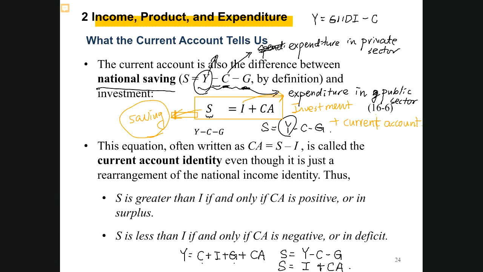So, on the other hand, think about that. What does the current account mean? The current account actually could be defined as the difference between the saving and investment, right? If saving is larger than investment, CA is larger than 0.